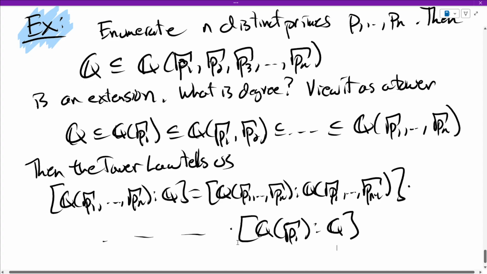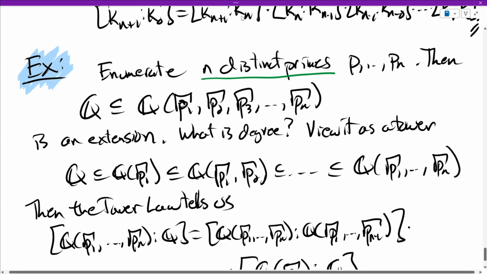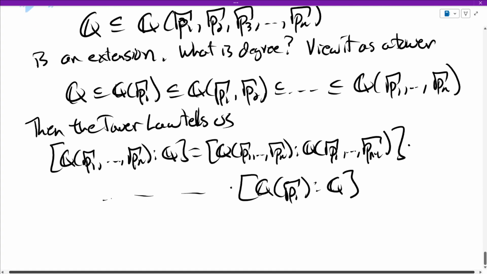And since our primes are all distinct, that was important, each time we add in a root, it's going to be honestly new. Now that is me brushing some stuff under the rug, but moral homework, try to prove that. But my point is that each of these extensions is quadratic. Okay, there's n plus 1 fields in our tower here.